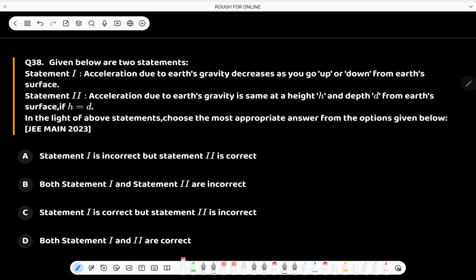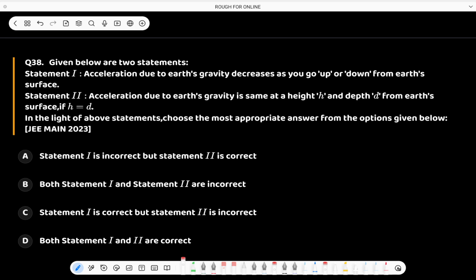क्वेश्चन नंबर 38 इज स्टेटमेंट टाइप. तो पहले आप देख ले बेटा स्टेटमेंट फर्स्ट. Acceleration due to gravity decreases as you move up and down, so it is true, no doubt about that. Acceleration due to gravity is same at height h and depth d from the earth's surface if h is equal to d, which is absolutely incorrect, because acceleration due to gravity decreases with height, it decreases with depth, but the rate of decrease with height and with depth is not same.